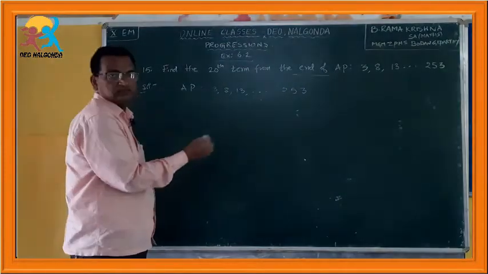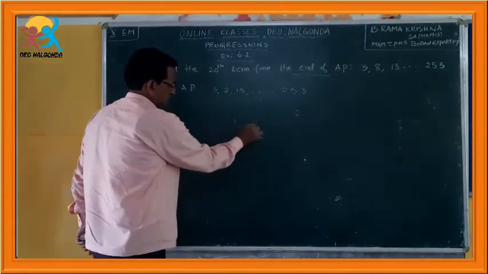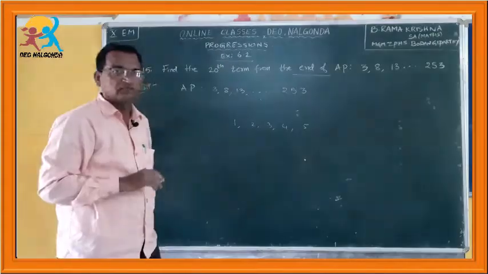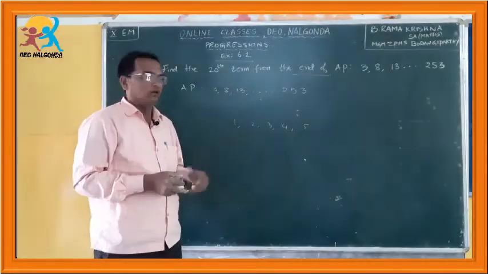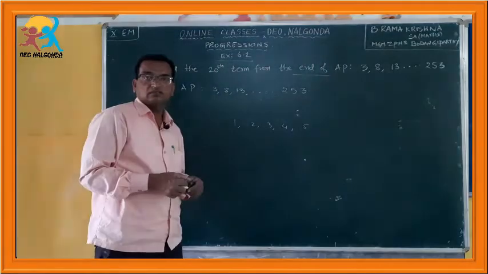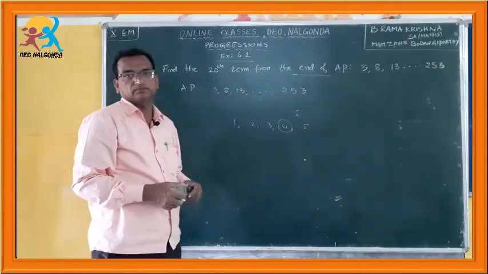For that, I will explain with a small example. 1, 2, 3, 4, 5. Let there be 5 numbers in some sequence. What is the second term from the last one? Here you can easily tell that it is the 4th.